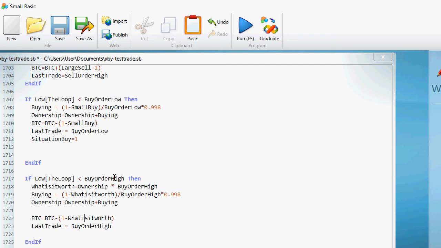So again, when this was worth, say, and let's say it was worth 0.8. No, it would be what it is worth for my buy order. So at the buy order, if it was worth, say, 0.8, then it would be 0.2.